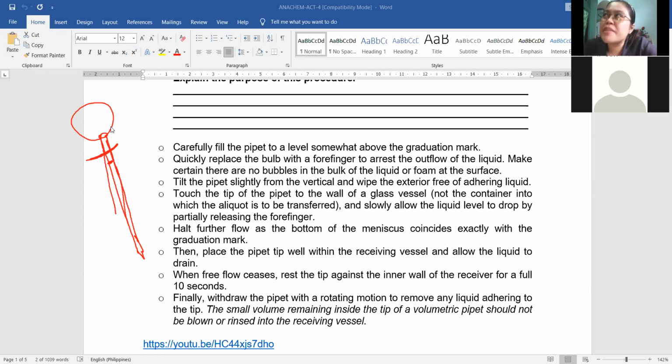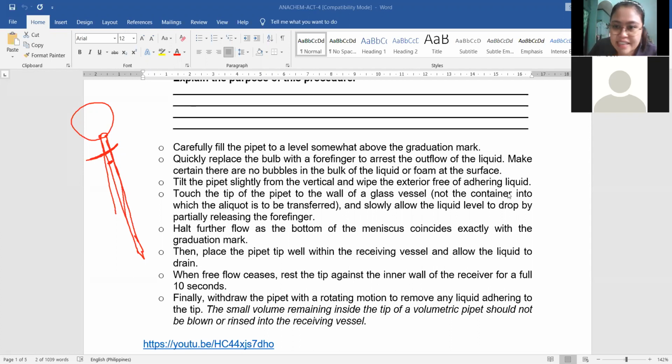Yung Chem wipes kasi pag bilihin natin yon, wala siyang ganong particles. Wala siyang thread-like or hair-like particles na didikit. So yun yung mas magandang pang clean or pang wipe sa ating mga glasswares. Though it's more expensive syempre than the ordinary tissue paper. Okay?